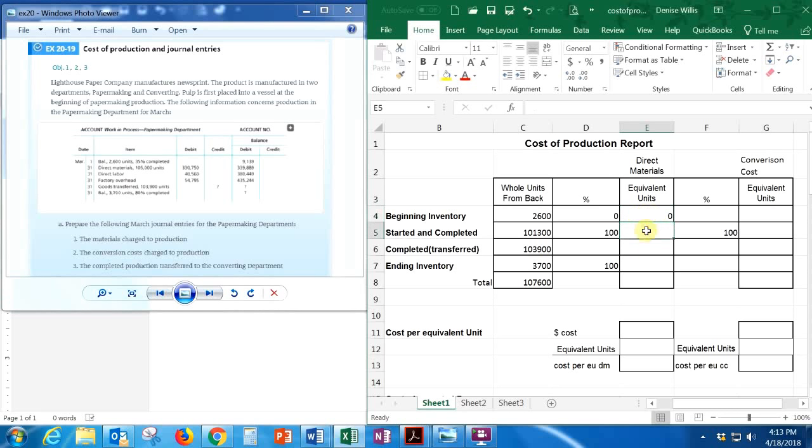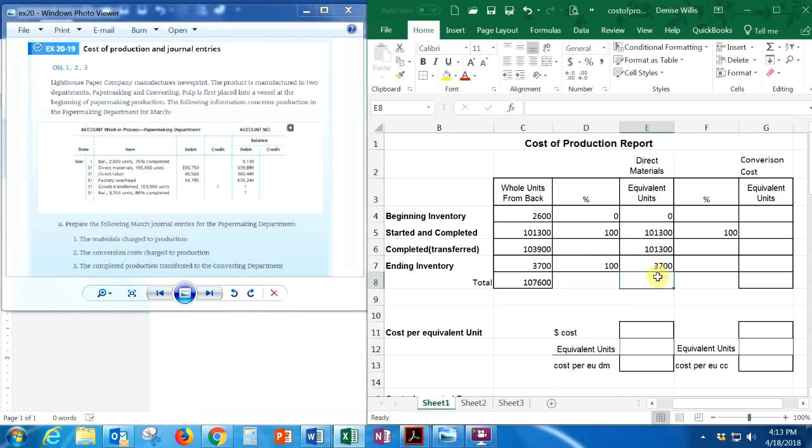Now, started and completed, by definition, that means we put 100% in there. So 1013, we'll just repeat that number. Okay. We can add these top two rows. 0 plus 1013 is 1013. The ending inventory, because we're putting the direct materials in exactly 100% into production at the same time, it is 100% of that, so we're going to add 3,700 right here.